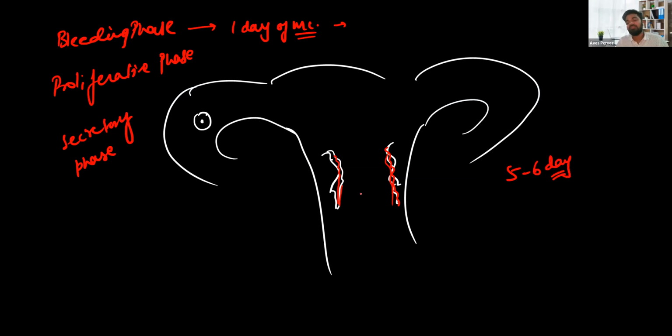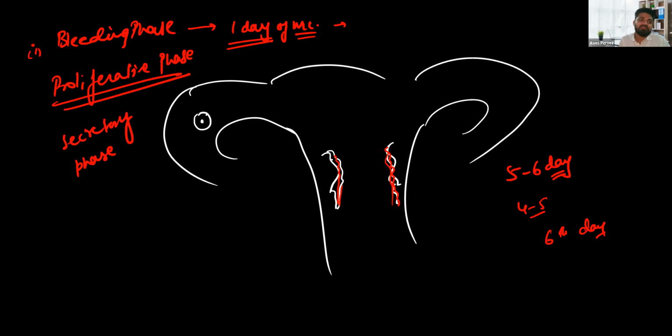Mainly the bleeding lasts 4 to 5 days. So on the 5th or 6th day, the bleeding stops and the new phase starts, which is called the proliferative phase. The first day of the menstrual cycle is the bleeding phase, and it continues for 5 to 6 days.